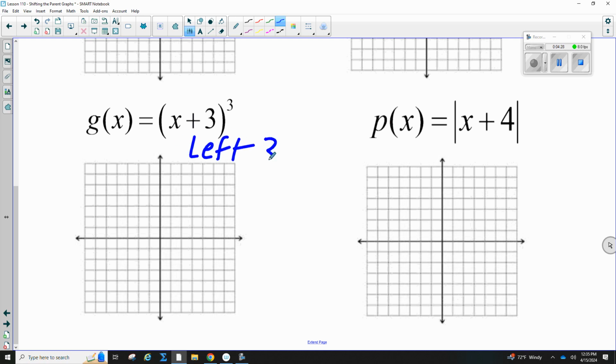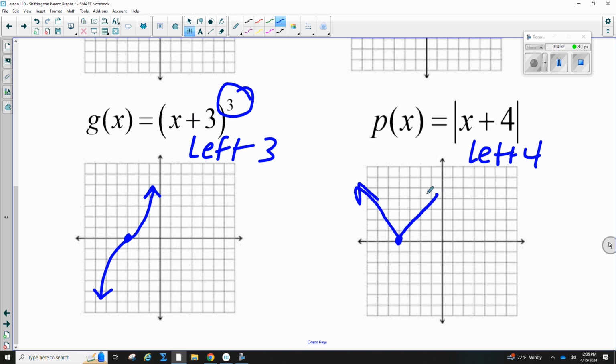This is the cube graph. So I start at 0, 0, I shift left 3, and I rise right, and I fall left because it's the cubed graph. All right, and which way is this going to shift? Left 4. All right, and it's the absolute value graph. So I'm going to go over 4 and draw a V because it's the absolute value graph.